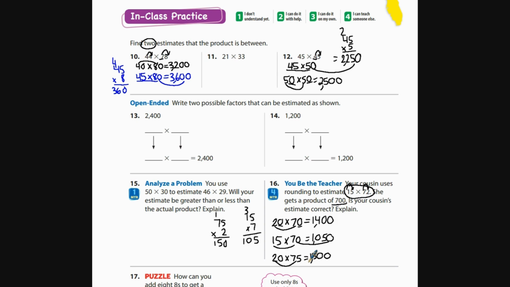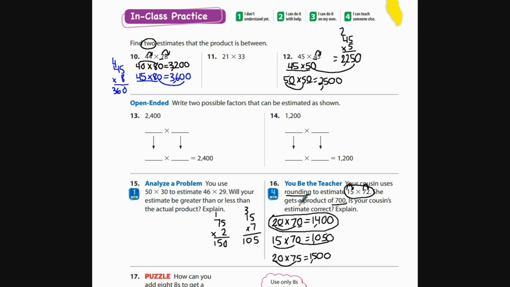Now, it says your cousin uses rounding to estimate. If we use rounding, not compatible numbers, this is the only option. It says rounding. It doesn't use compatible numbers.